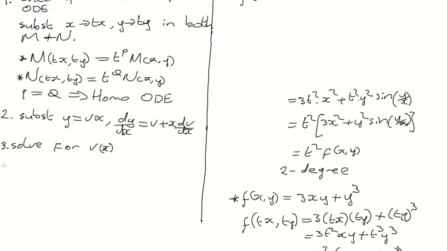After you have your v of x, since this is not the original variable that we started with, you substitute again. Let me just say substitute v back into y. Now we must bring back y, therefore v is equal to y over x.